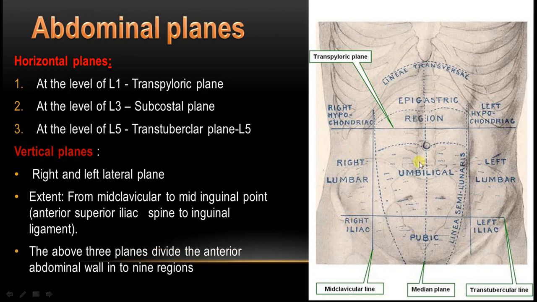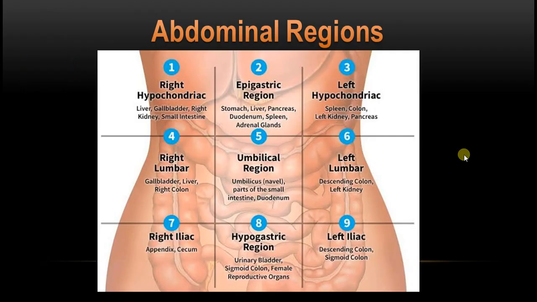So these 4 planes are considered simply as the vertical and horizontal planes dividing the abdomen into 9 regions. There is one more vertical plane, the median plane, that we are not using for classification into the 9 regions. So these are the 9 regions of the abdomen.